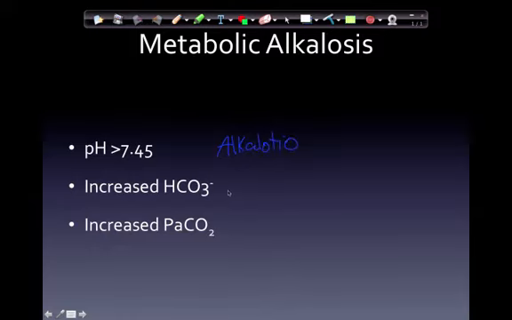They have an increased amount of bicarbonate and an increased amount of PaCO2. Well, this normally would give us an acidotic state. In this case, since we are alkalotic, it has to be from a third-party acid or a metabolic alkalosis.